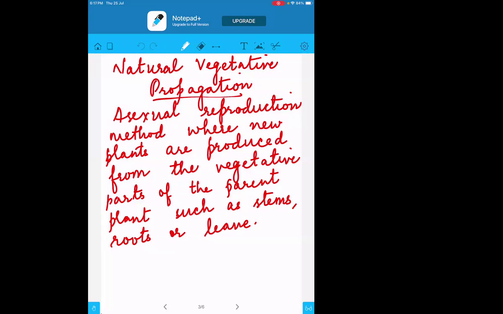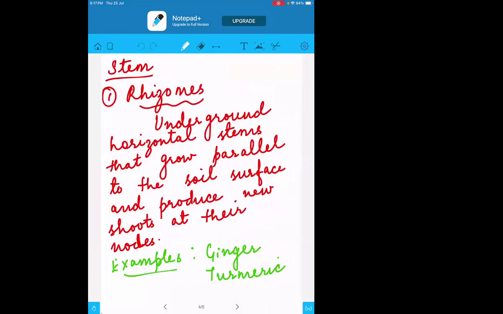Done with this page? Wait. Yes, ma'am. Examples are very important, children, for this.